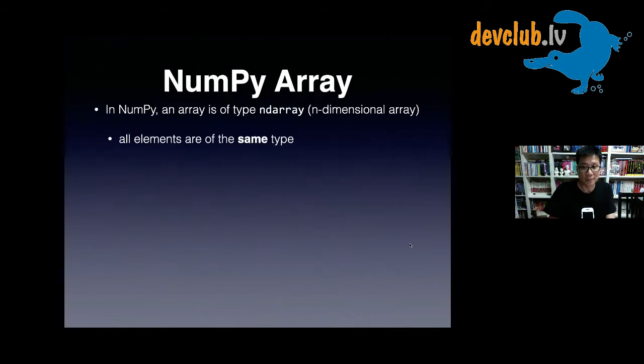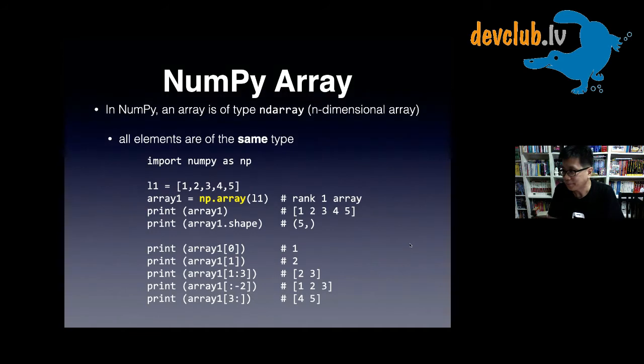Here's one example. I have a list in Python and I can convert this list into a NumPy array using the np.array function. Once I have converted that into a NumPy array, I can do something that I'm very familiar with in Python, and that is slicing. I will be able to slice from my 1-dimensional, 2-dimensional, or 3-dimensional arrays.